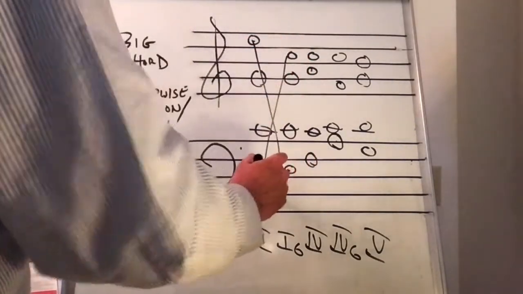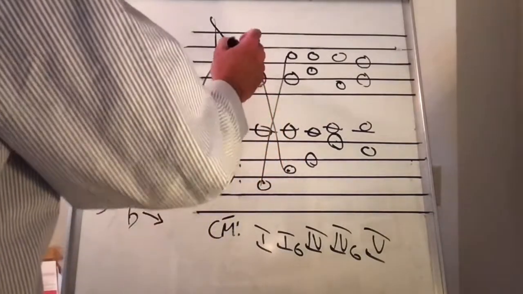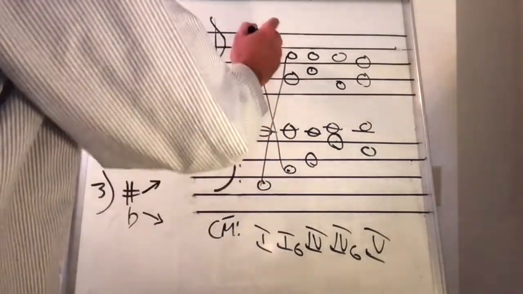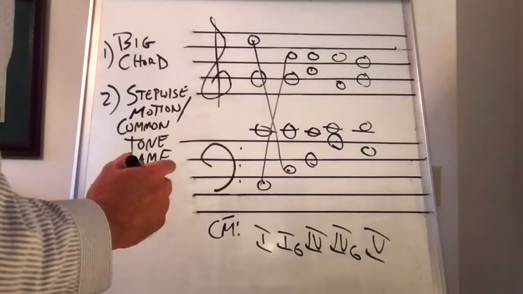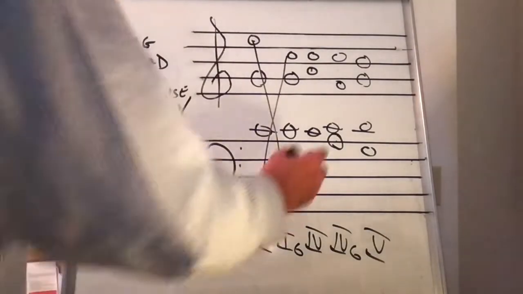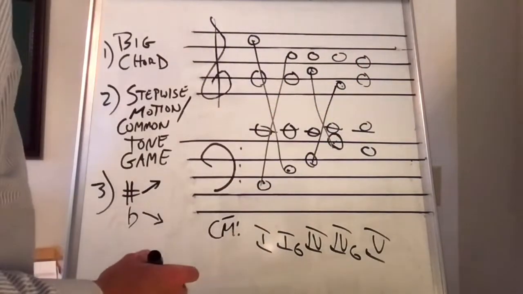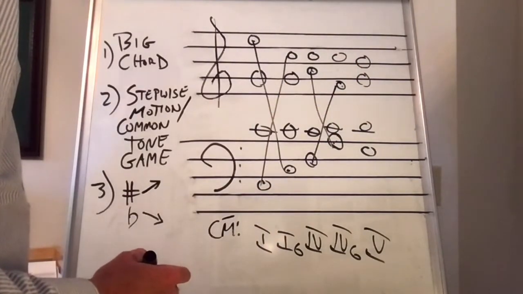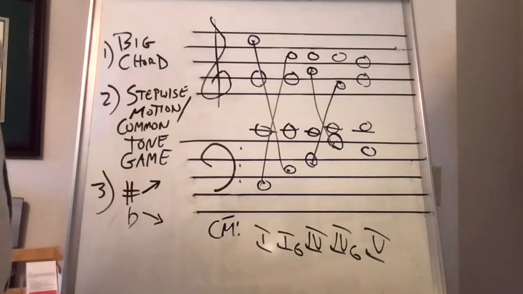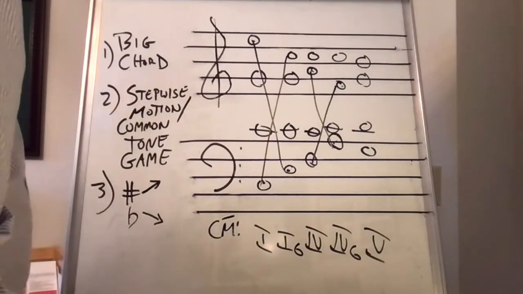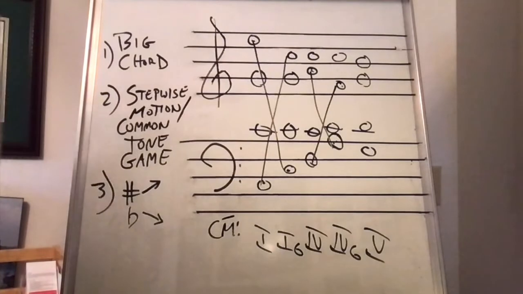So you have C to E, and then E to C. Here we have another voice exchange, F to A to F. And then a nice resolution from a 4/6 to a 5. So you can pause the video. Okay, let's continue on now.